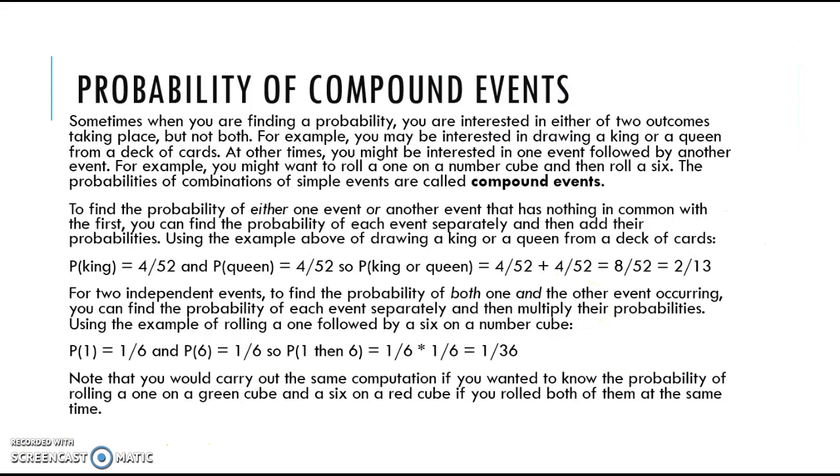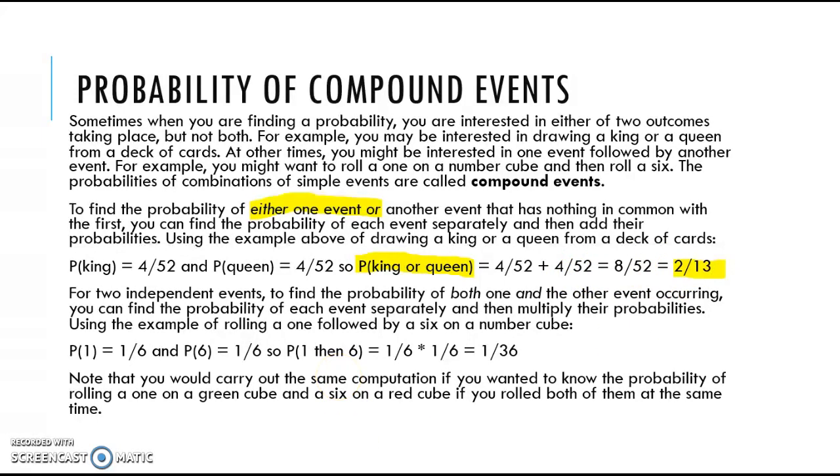So that goes back to our 2 rules for compound events. We've got the first one, if it's either/or. Anytime we're doing or, for example, if we're looking for the probability of drawing a king or a queen, then it's adding. We're adding 4 kings out of 52 plus 4 queens out of 52, giving us 8 out of 52, reducing to a 2/13 probability.